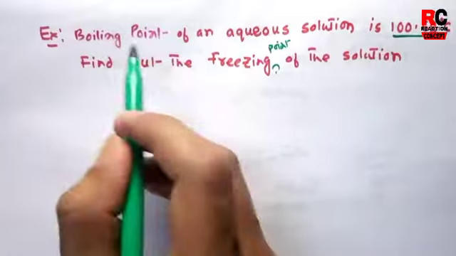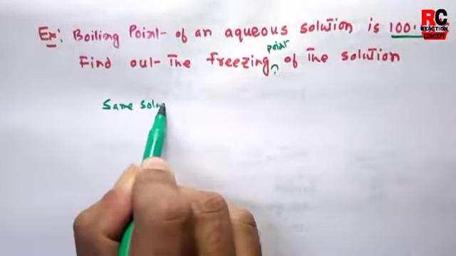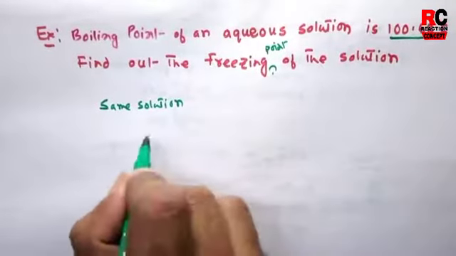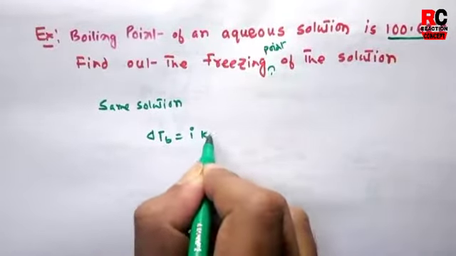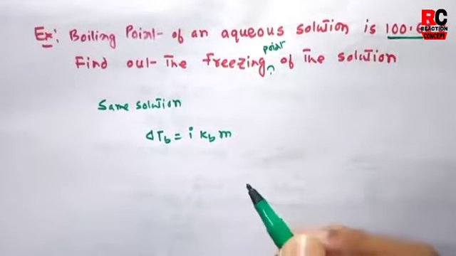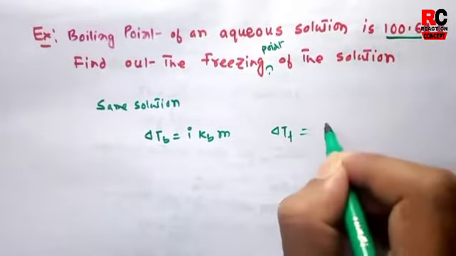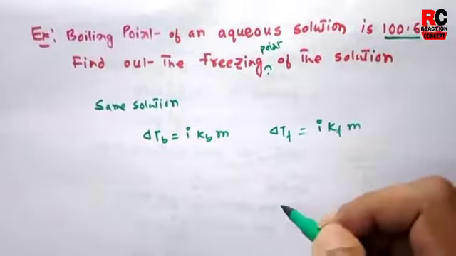You see, for the same solution, the elevation of boiling point is given by ΔTb = i Kb m, whereas ΔTf, that is depression in freezing point, is given by i Kf m.